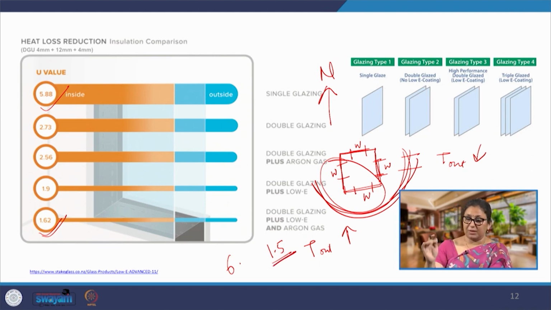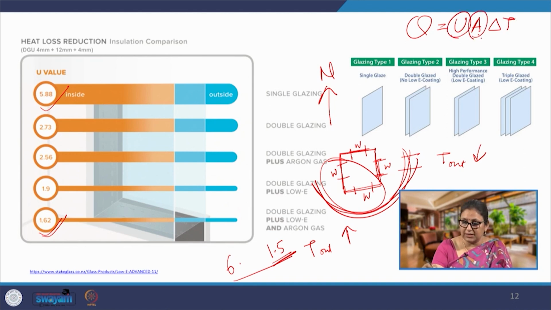If you remember the formula, this is U value we are talking about. So, the heat gain is equal to U into A into delta T. U is the U value, A is the area, and delta T is the difference of temperature between outside to inside, the 2 sides of this material.